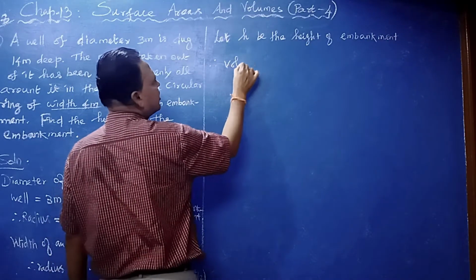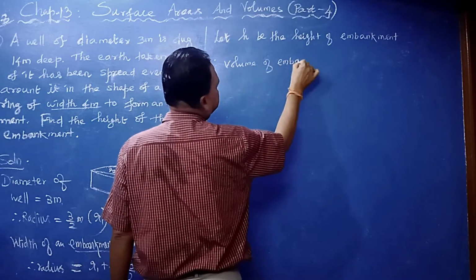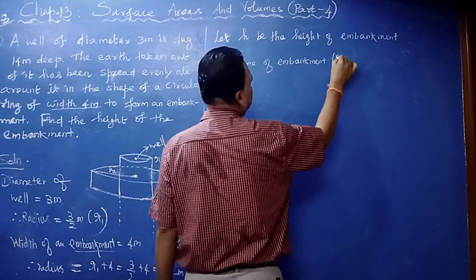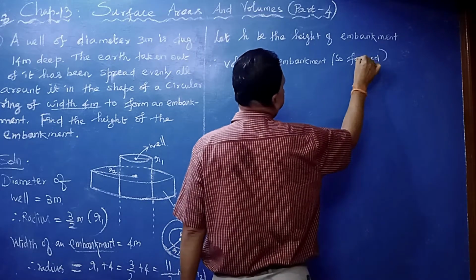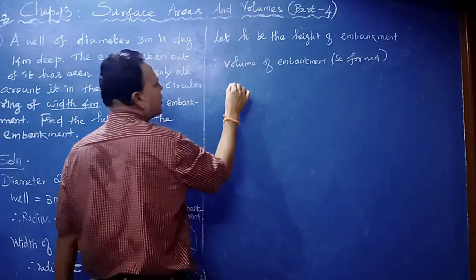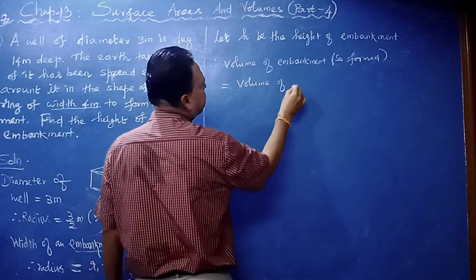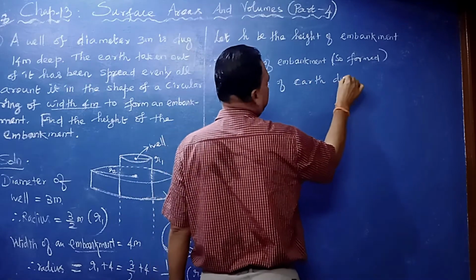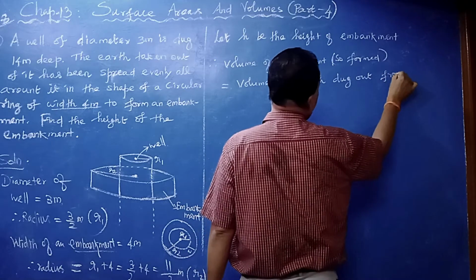Volume of embankment is equal to volume of earth dug out from the well.